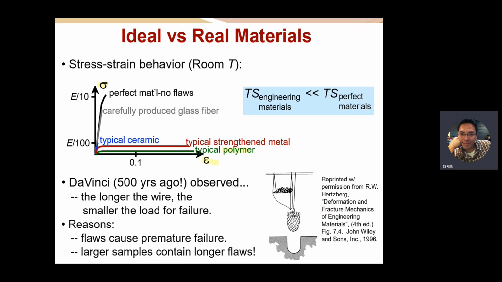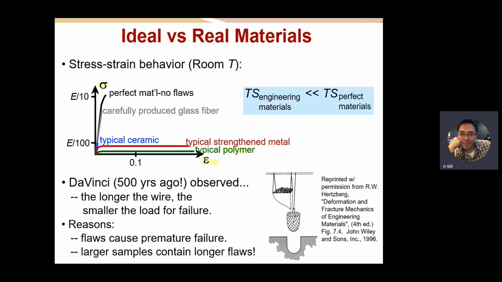Therefore, their strengths, or their Young's modulus, whatever, are always lower than that of the ideal materials. Da Vinci observed that the longer the wire, the smaller the load for failure. Da Vinci discovered this situation 500 years ago.